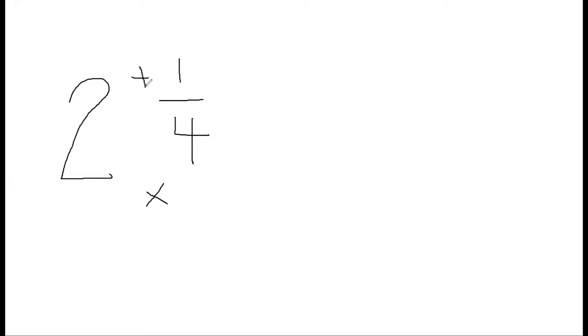Plus 1, 9. What denominator we use? 4. Exactly. Entonces nos queda 9 cuartos. This is the way we convert the mixed number into an improper fraction. Did you see? Yes. Now you remember how to do it? Yes. Let me erase this.